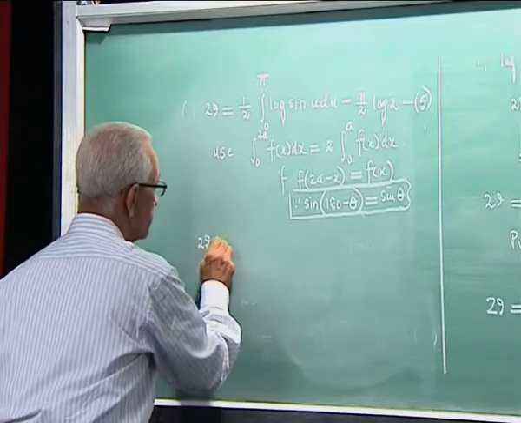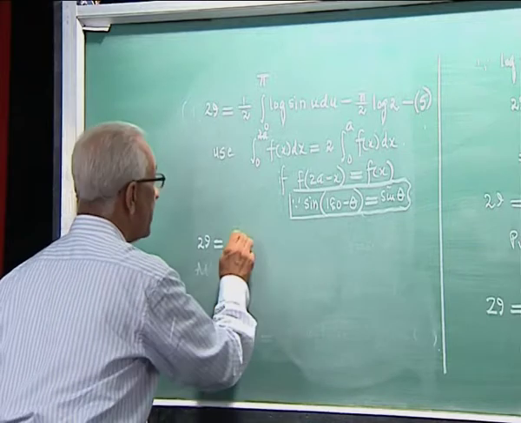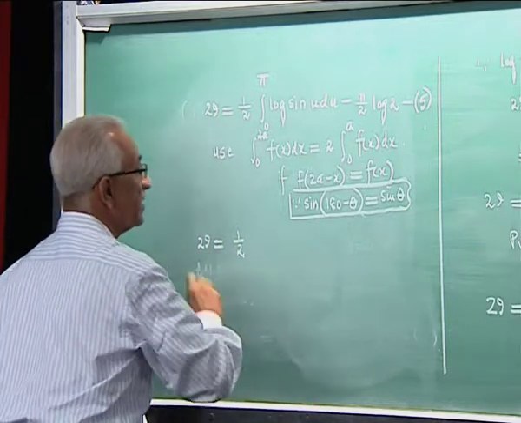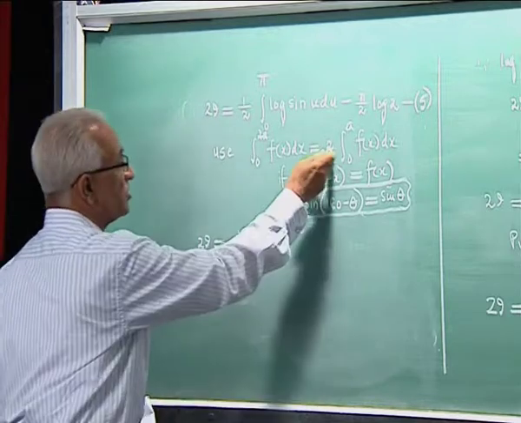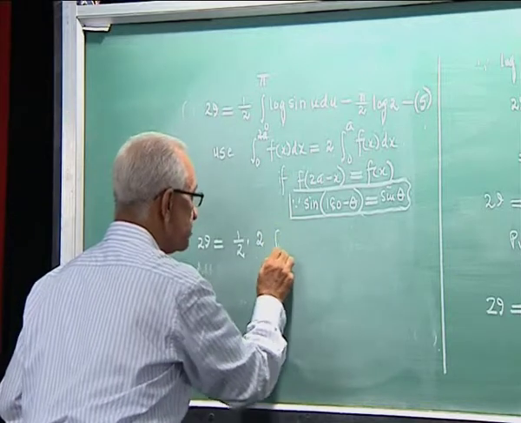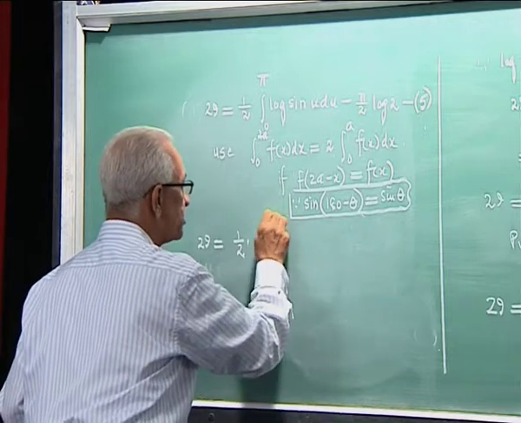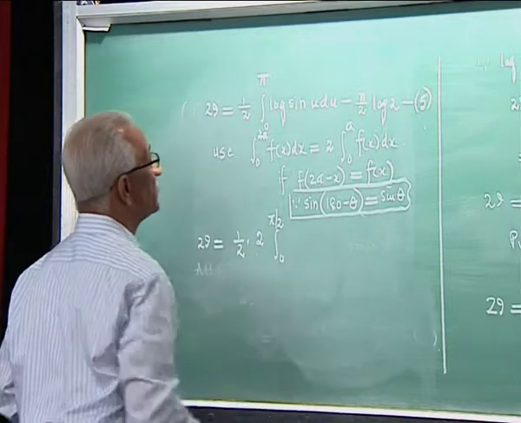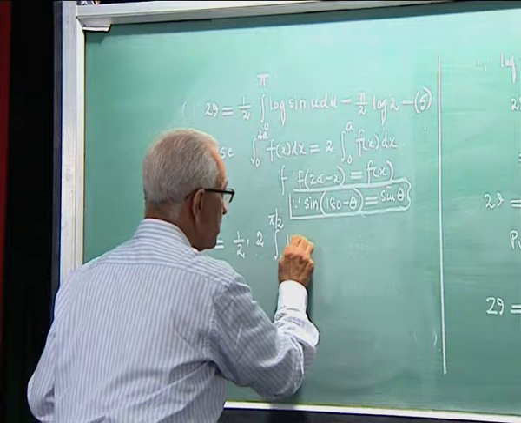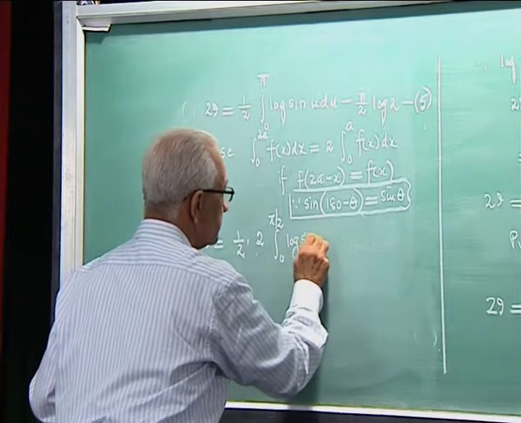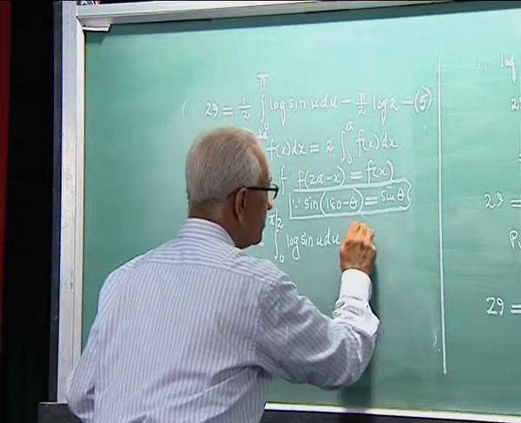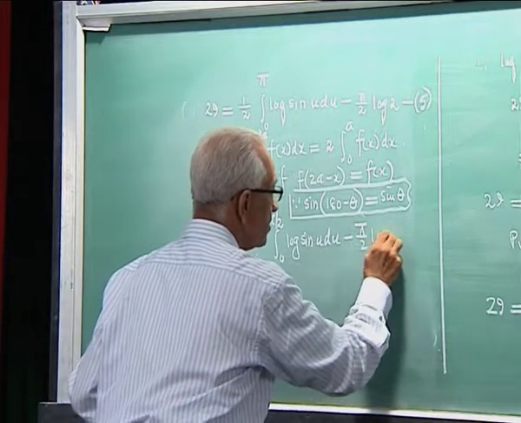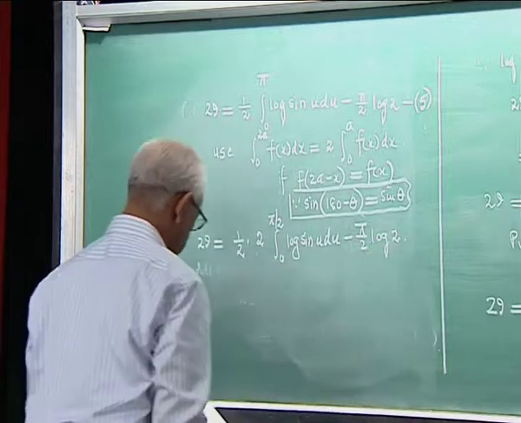So, this is 2 times I is equal to, I'll have half, this will be 2 times, so that 2 which I am mentioning here is of the formula. This will be 0 to upper limits reduced to half, so pi by 2, log sine u du minus pi by 2 log of 2.